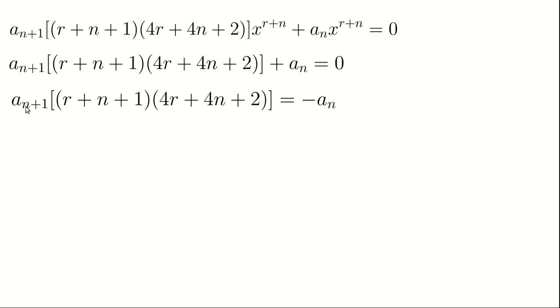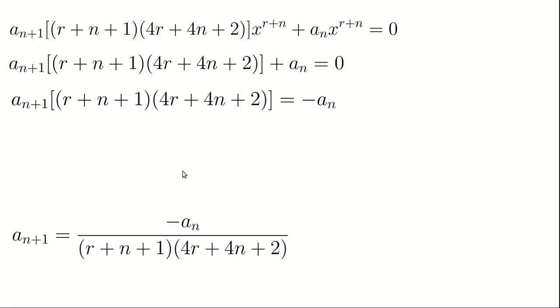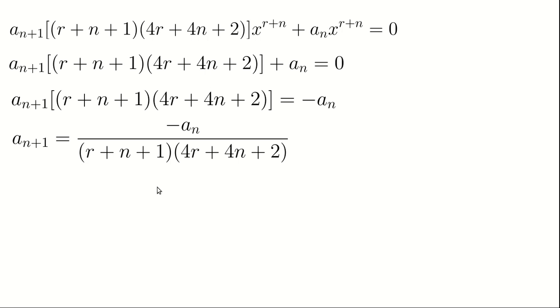Then making a subscript n plus 1 the subject of the formula simply means divide everything by this, and that gives us this expression. From these points, you will notice that we have already found out that our r is either 0 or half. So let's reduce this expression to those two possible scenarios, r equal to 0 and r equal to half.